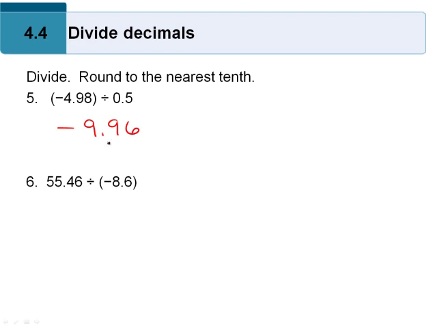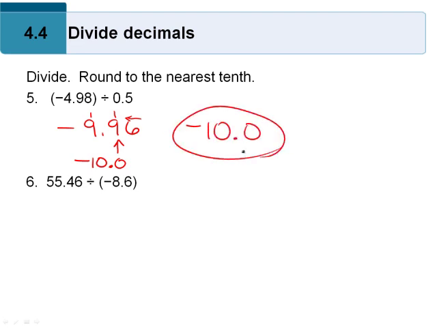Now, it said round to the nearest tenth. Well, the 9 here is in the tenths place. That 6 is going to round that up. So I add 1. 1 and 9 is 10. And you have to carry into the next digit. 1 plus 9 is 10. The decimal point comes down, and it would be negative. So your answer there is negative 10.0. And that would be it.